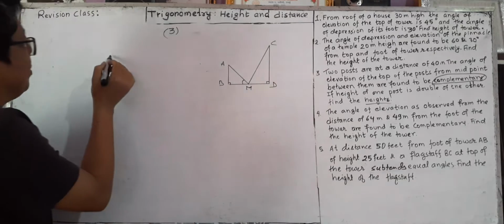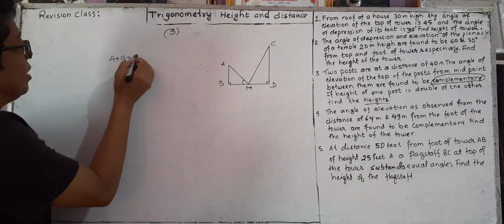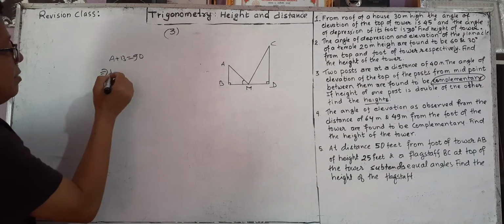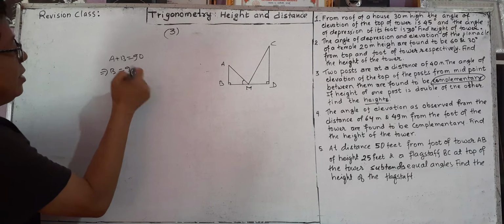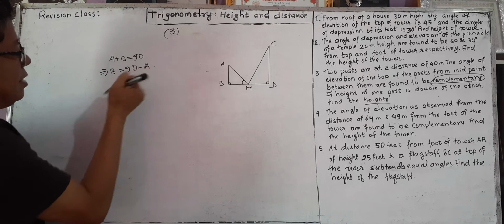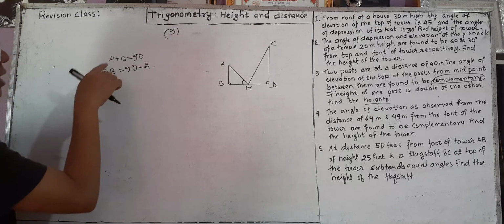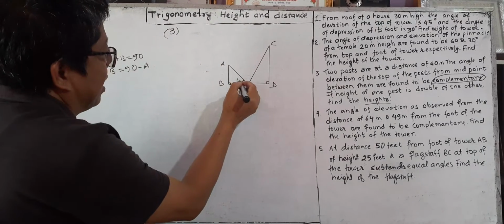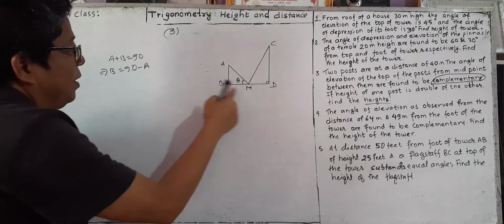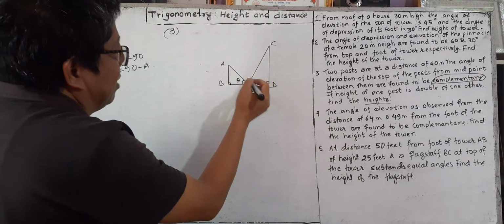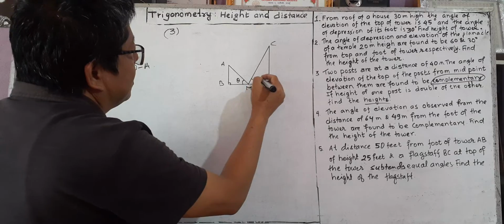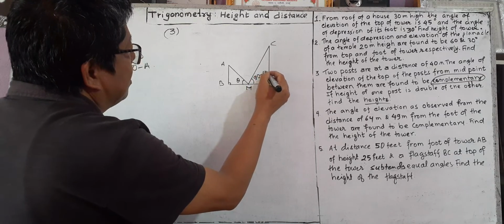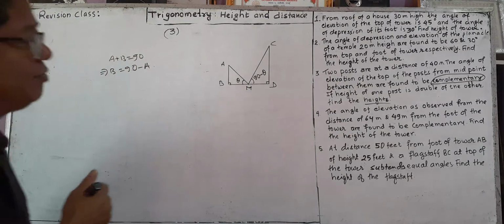You know, complementary means A plus B equals 90, so B equals 90 minus A, or A equals 90 minus B. If we suppose this angle BMA equals theta, then the other angle is 90 minus theta, being complementary.